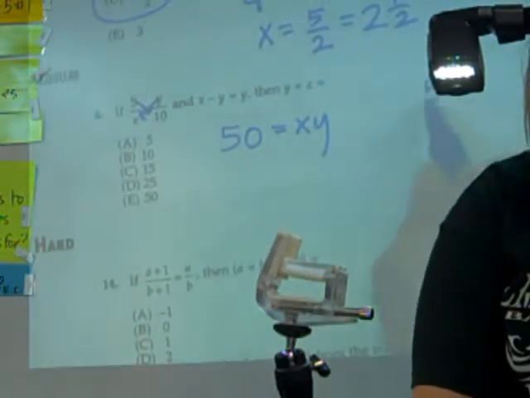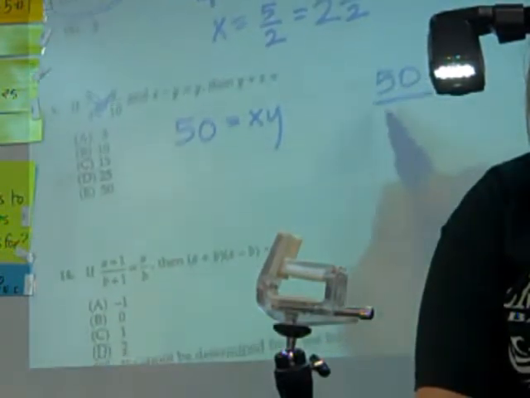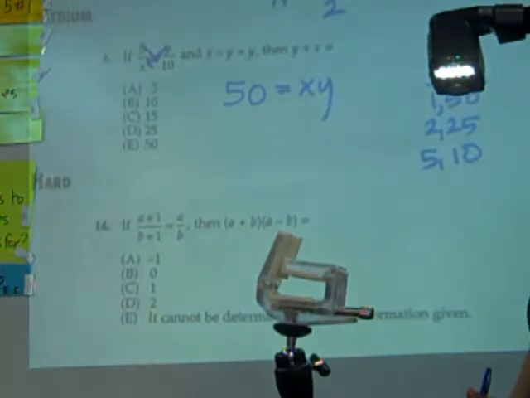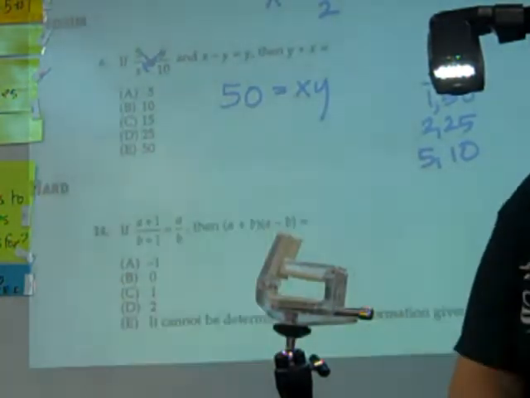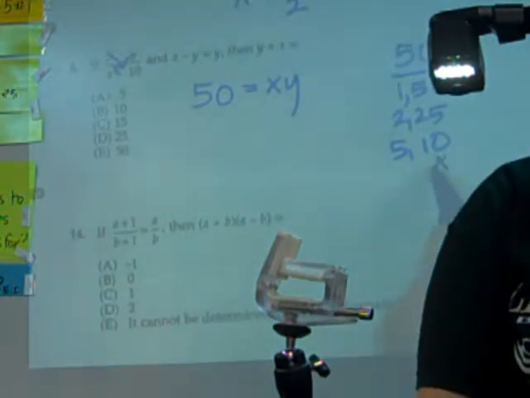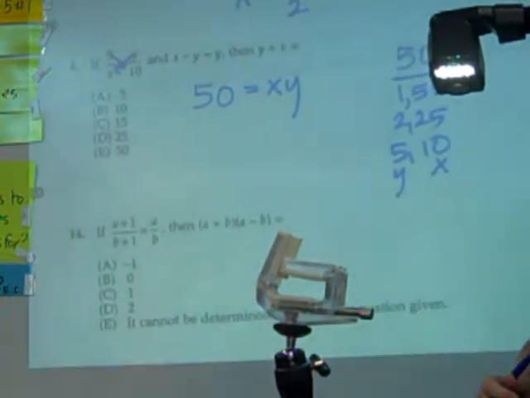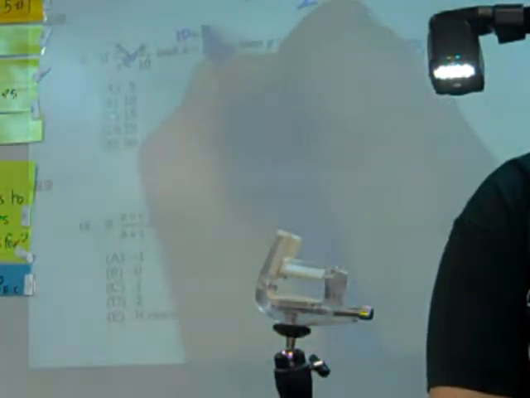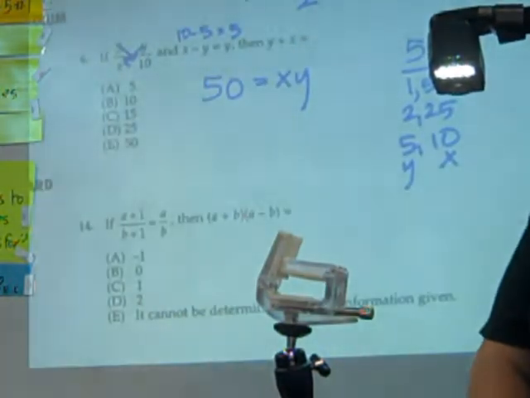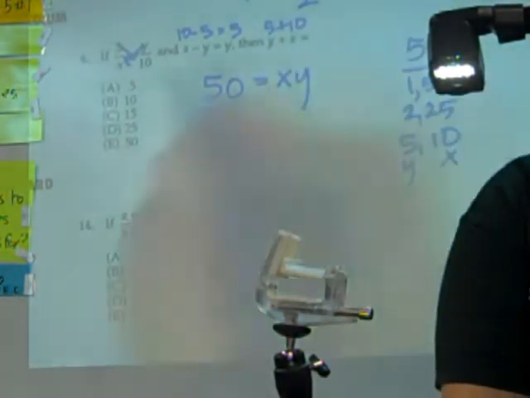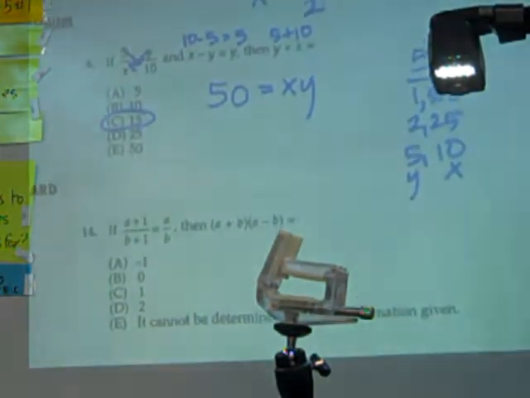So if I think about the things that multiply to give me 50. Alright? Because that's what that says. That says that x times y has to equal 50. So then I could make x be 10 and y be 5, right? Because 10 times 5 is 50. And then 10 minus 5 does equal 5, so that works. So then 5 plus 10 is 15.